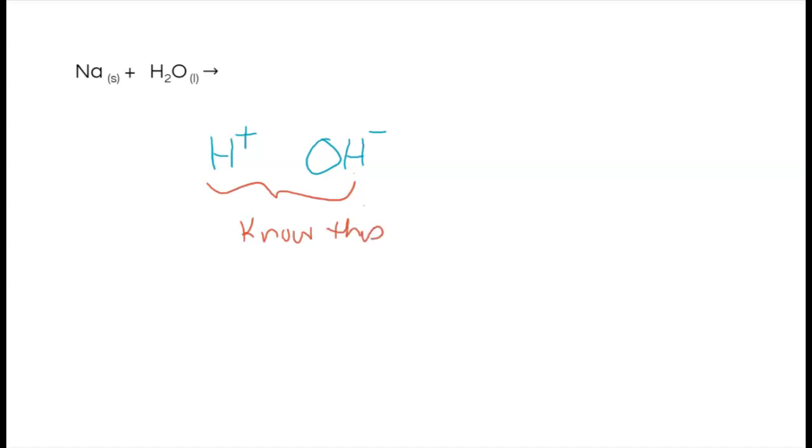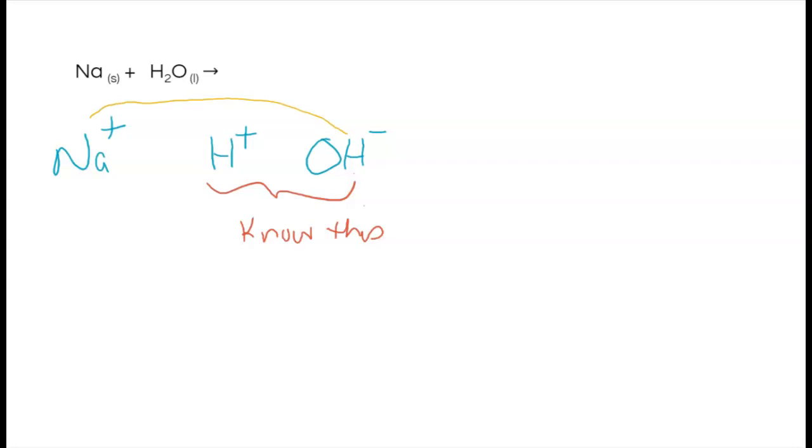All right, so then we have sodium. Looking at your periodic table, you should be able to see that sodium has a +1 charge. Now we're simply going to perform our crossover rule as we have before. Positive sodium is going to want to go with negative hydroxide.